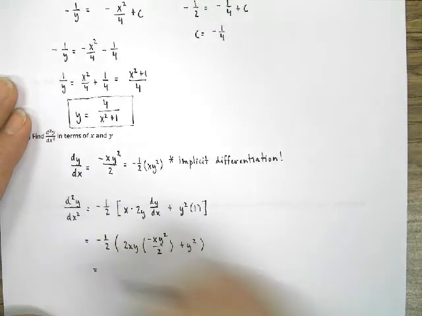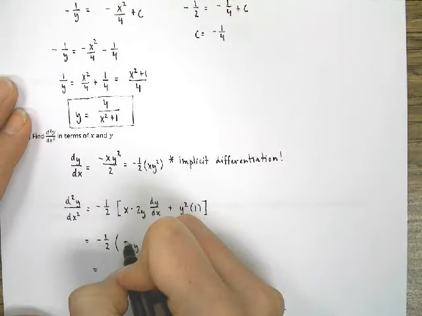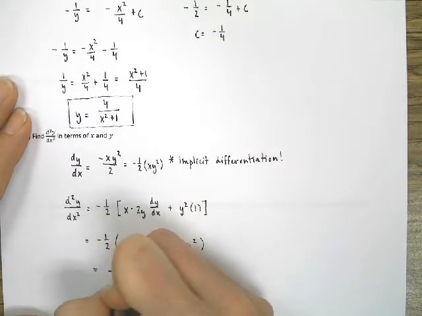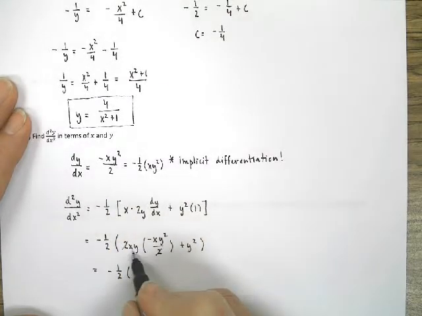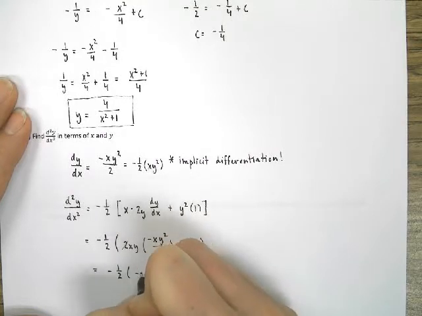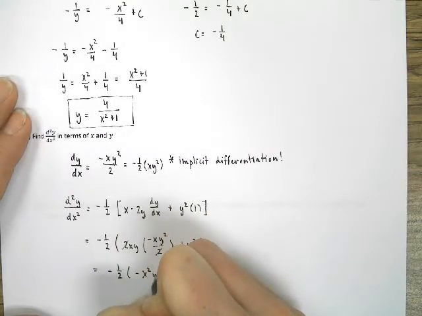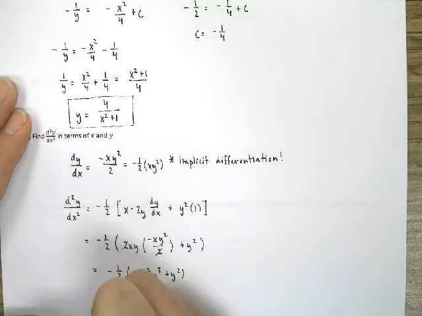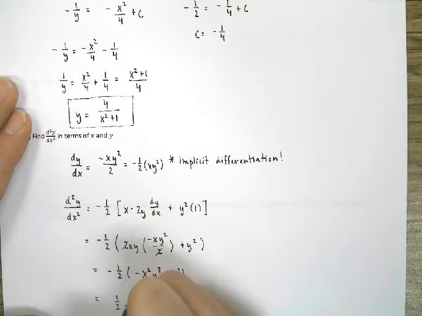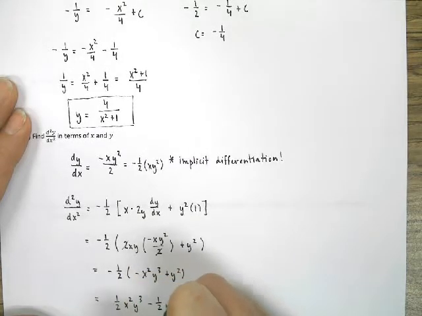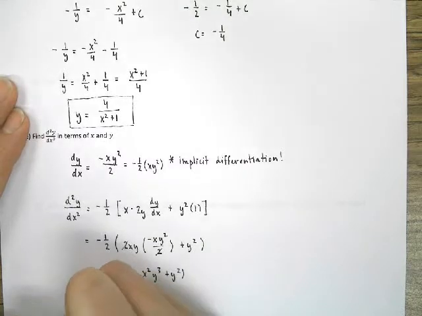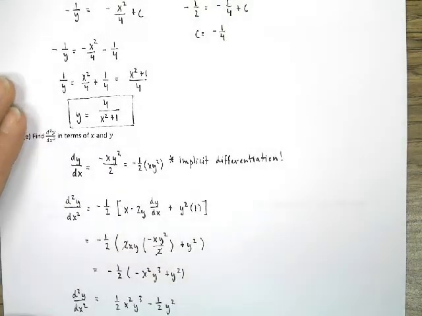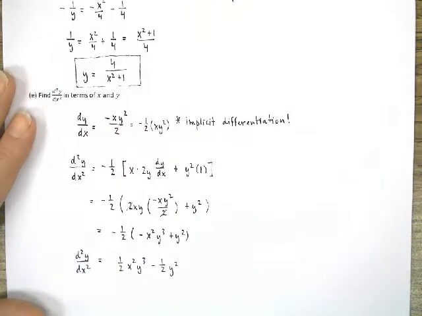And now I can do some simplifying here. On this side, these are going to cancel out, so I have negative 1/2 times the opposite of x squared y cubed, plus y squared. So I'm going to get 1/2 x squared y cubed, minus 1/2 y squared. And that's my second derivative. Oh, I'm sorry, I ran off the page there.